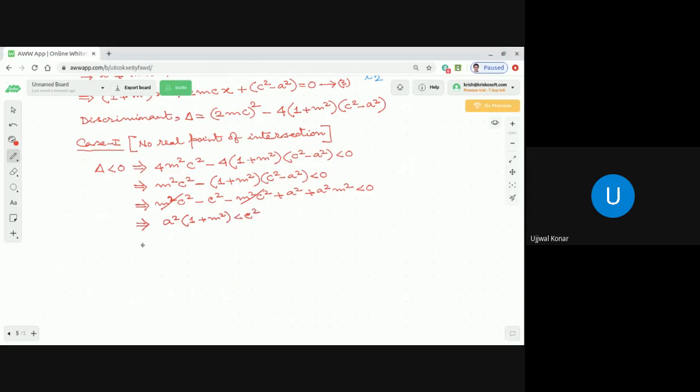That implies a square is less than c square by 1 plus m square. Correct or not? So from here we can say that a is less than mod of c by square root of 1 plus m square.